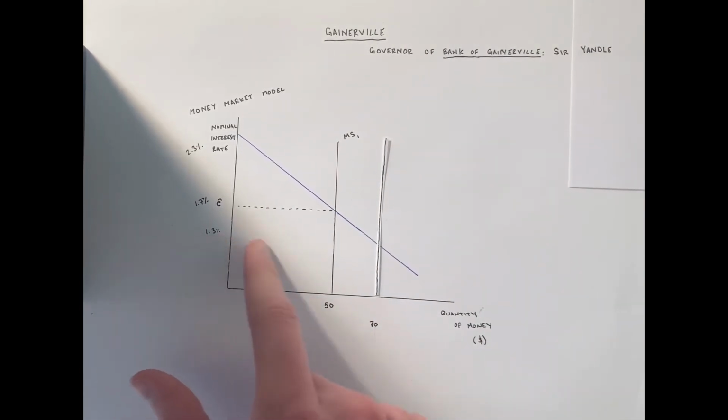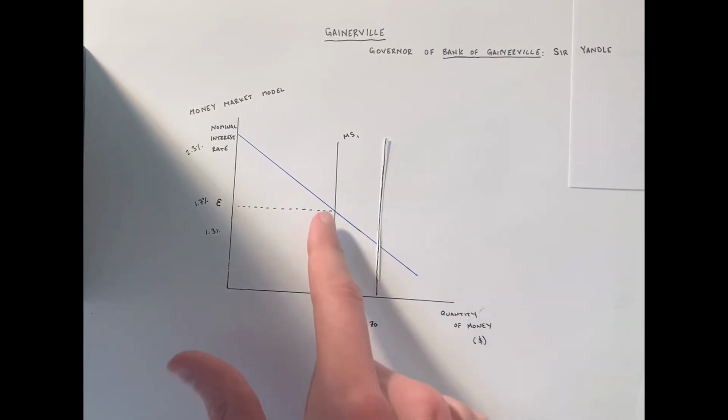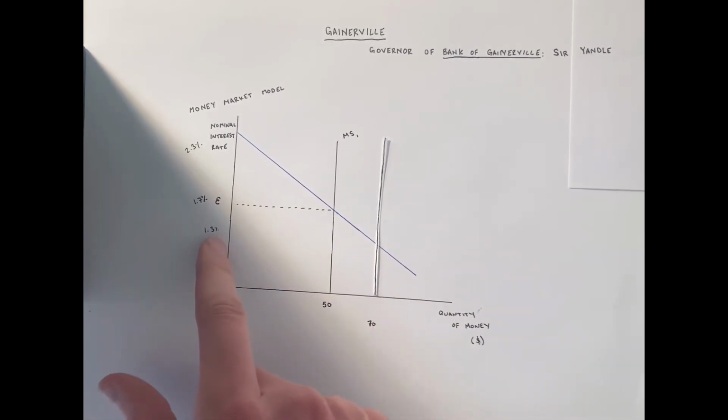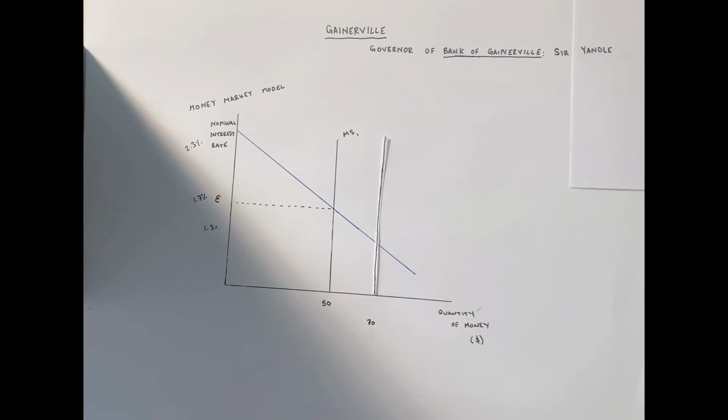Instead of here at 1.7, it's going to be at 1.3%. So that's going to be on its own by the bank increasing the quantity of money in the market, the money supply. It intersects lower with the downward sloping demand curve for money, and it puts the interest rate at 1.3.